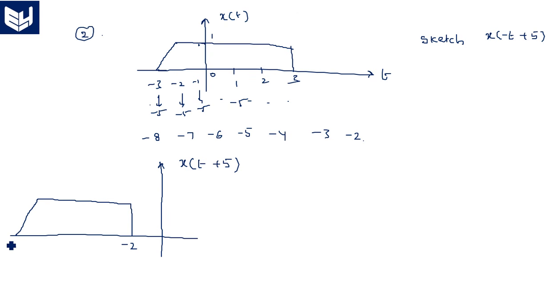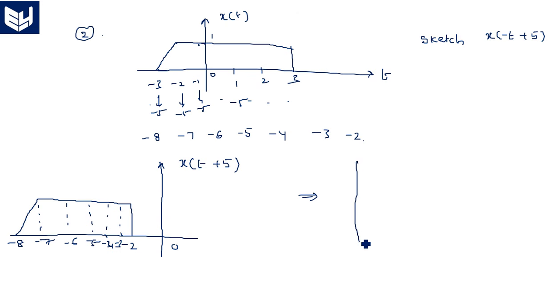So this is minus 2 and this should be minus 8. So minus 7, minus 6, minus 5, minus 4, minus 3, minus 2. This is 0.